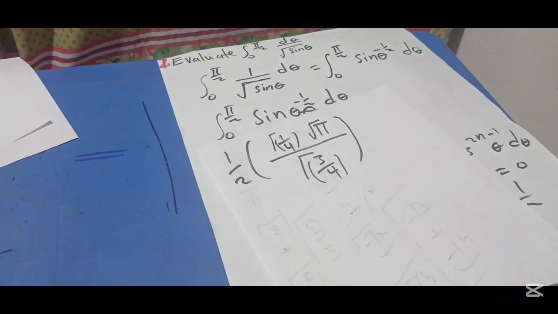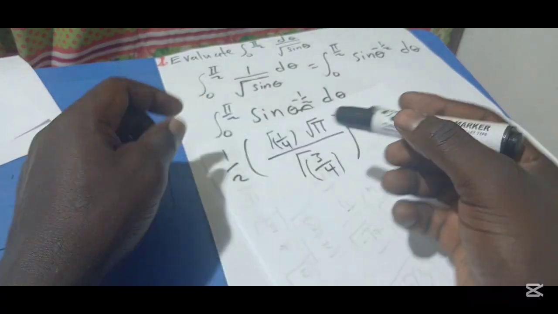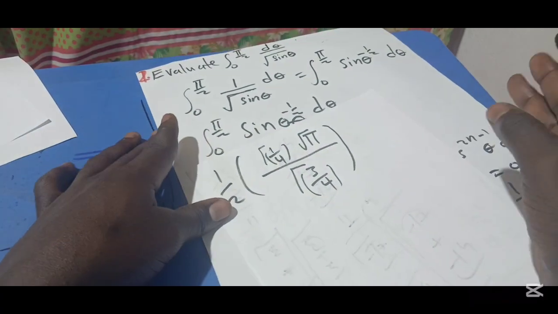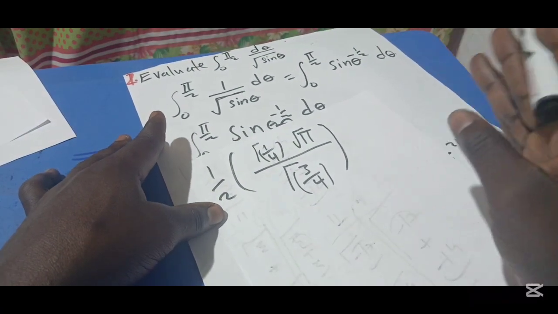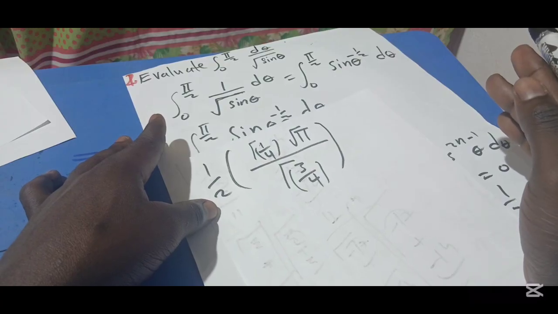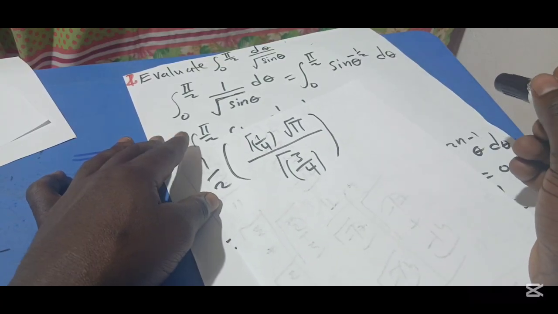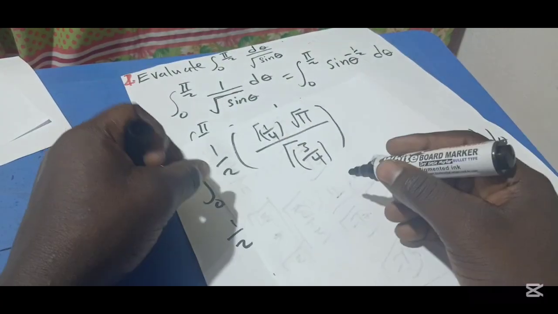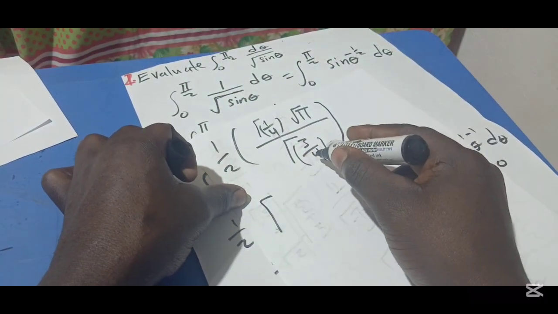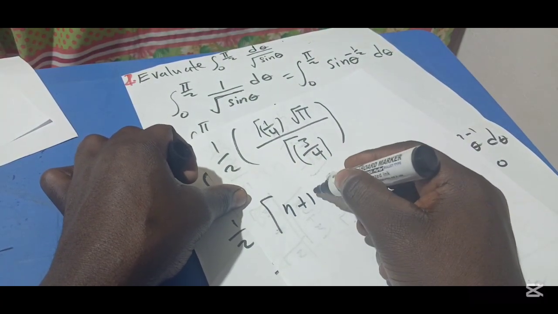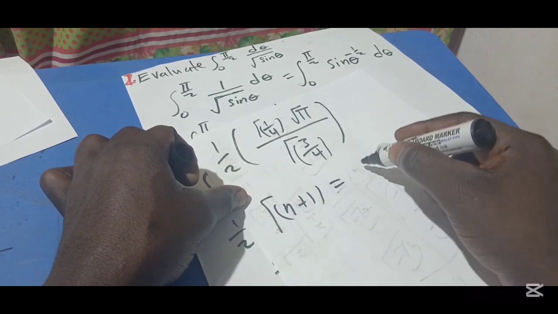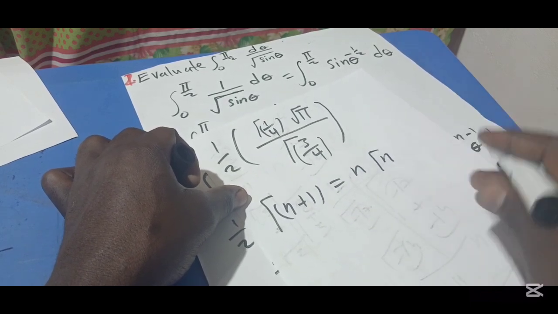Well, it turns out that when we are trying to evaluate a gamma function and we are getting a negative value, we can just leave it like that. There's no harm in that. But let's see how we can do this. Since it's a fraction, we have to use this formula: gamma of n plus 1 equal n gamma n.